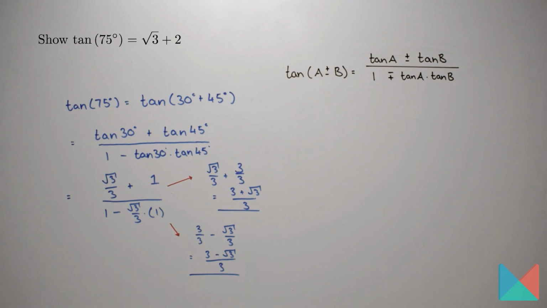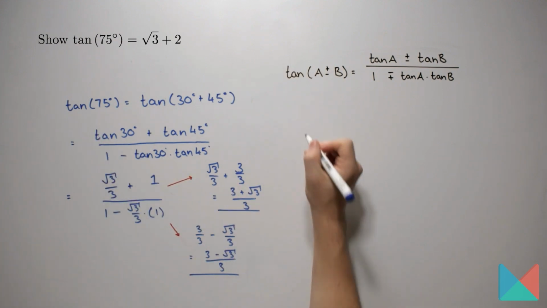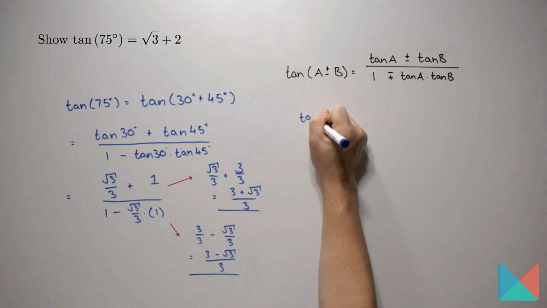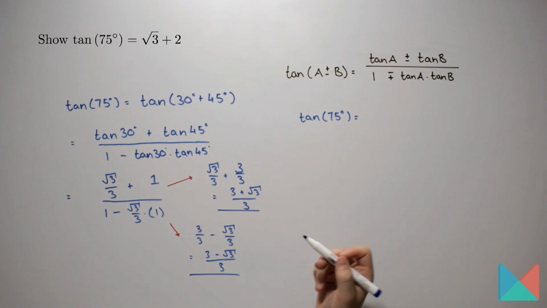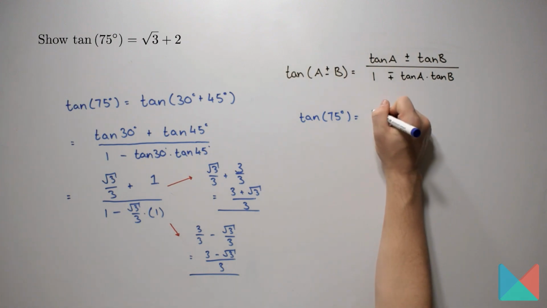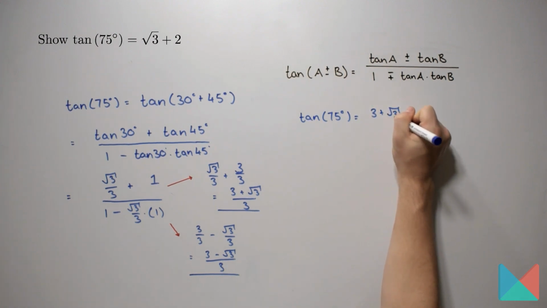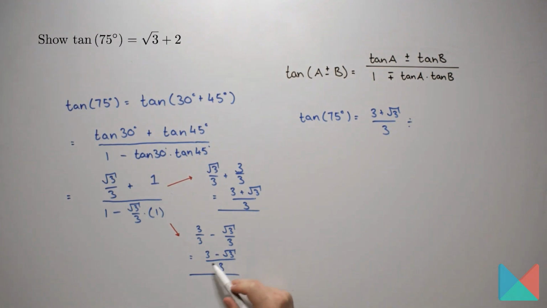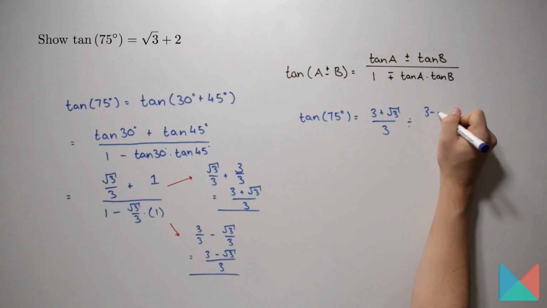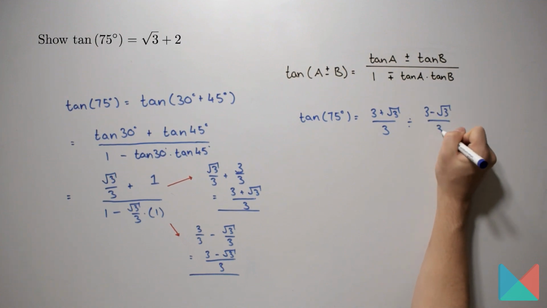And so let's just write in our fraction again. So now we have tan of 75 degrees is now equal to the top of our fraction, which was 3 plus root 3 divided by 3, divided by the bottom of our fraction, which is 3 take root 3 divided by 3.